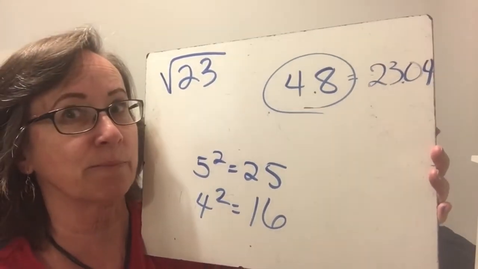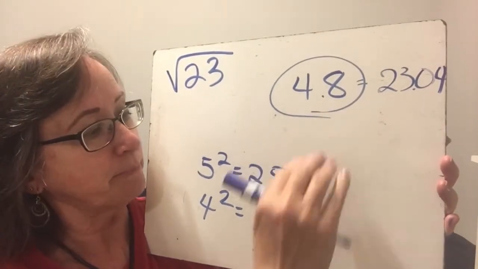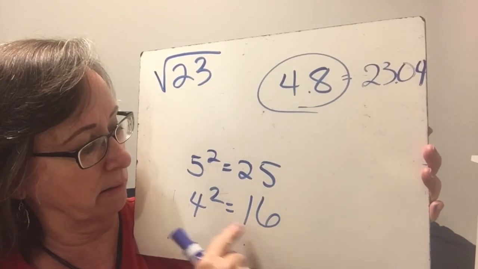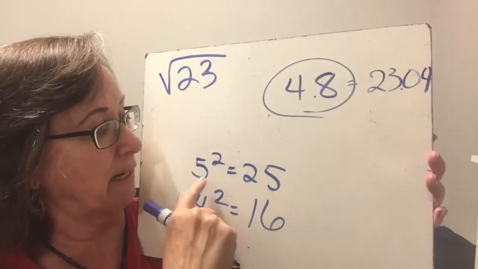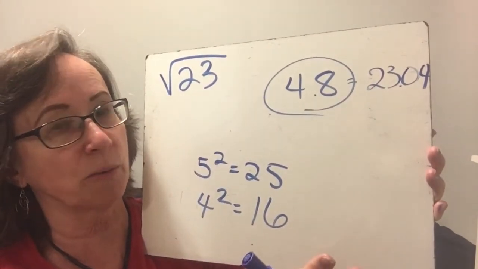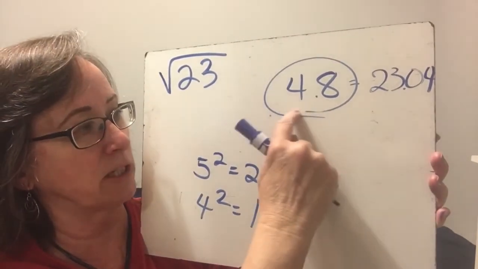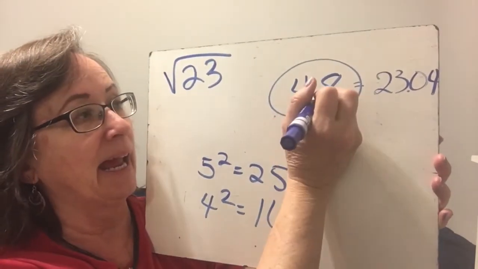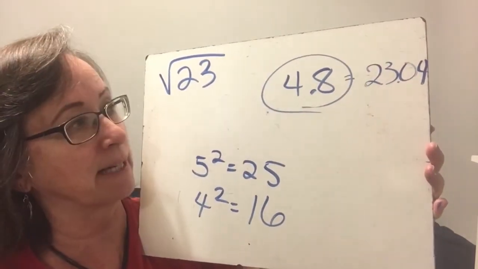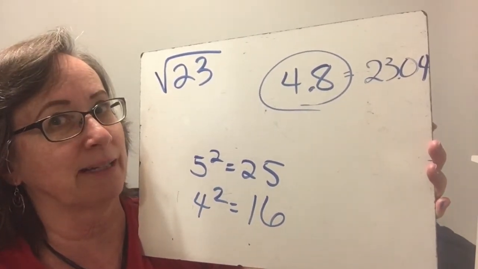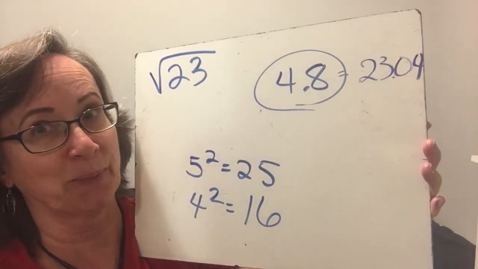So if you're a smart guesser, since 4 squared was 16 and 5 squared was 25, and 25 is much closer to 23, that's why I chose 4.8 as a good guess. And it was a very good guess because I got 23.0 to the 10th place. So that would be pretty cool.